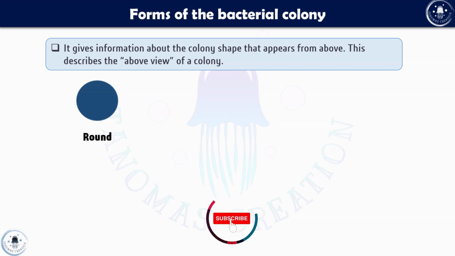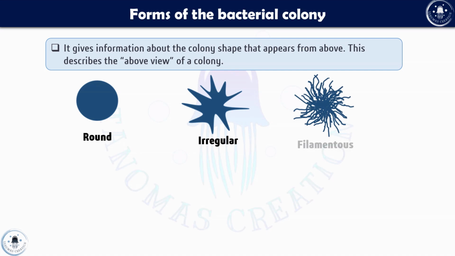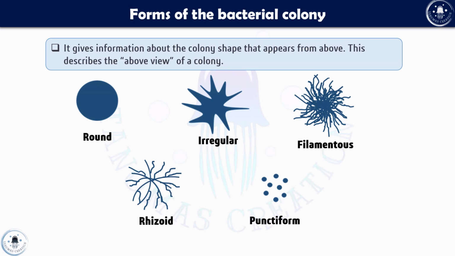There are five types: first is round, second is irregular, third is filamentous, fourth is rhizoid, and fifth is punctiform. These are the shapes we see when we look from above the agar plate.